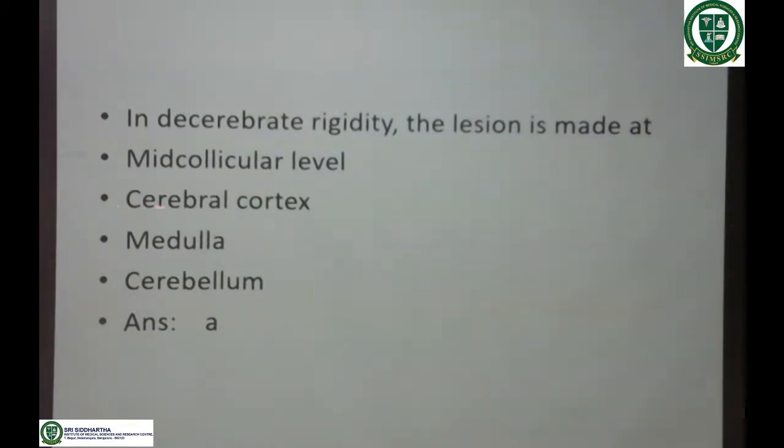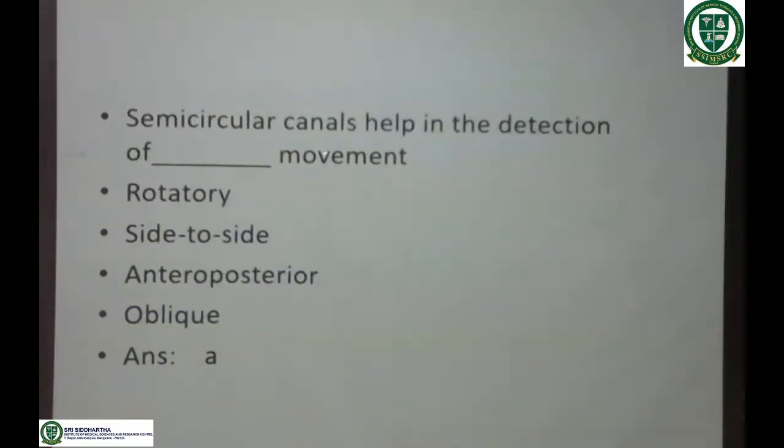Mid-collicular level, cerebellar cortex, medulla, or cerebellum. Answer is mid-collicular level. Next, semicircular canals help in the detection of which movement? Rotatory, side to side, anterior, posterior or oblique. Answer is rotatory movement.